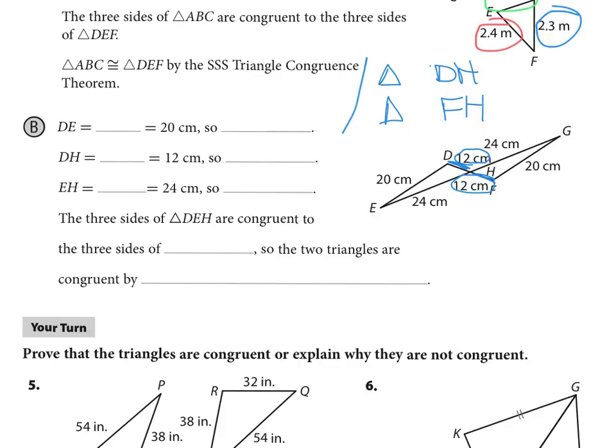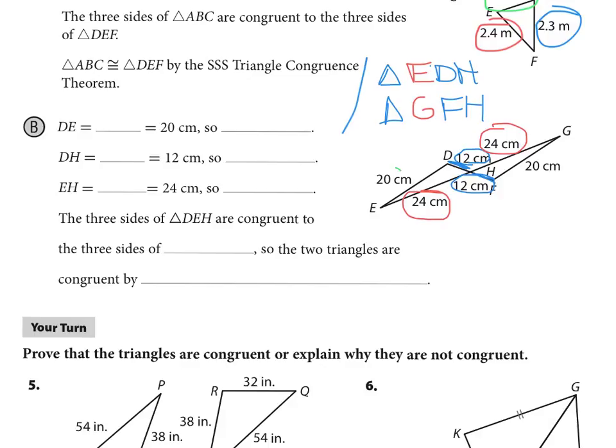Now I have HE is congruent to GH. So EH is congruent to GH.